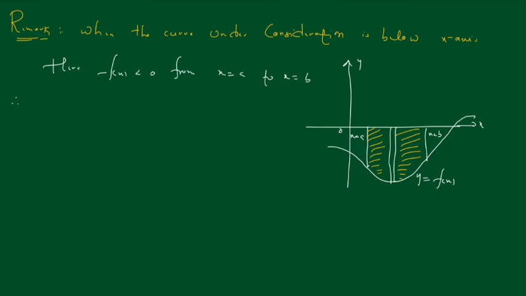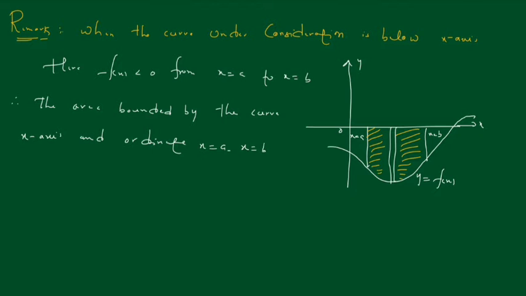So therefore the area bounded by the curve, the x-axis and the ordinates x equals a and x equals b will be negative, right?